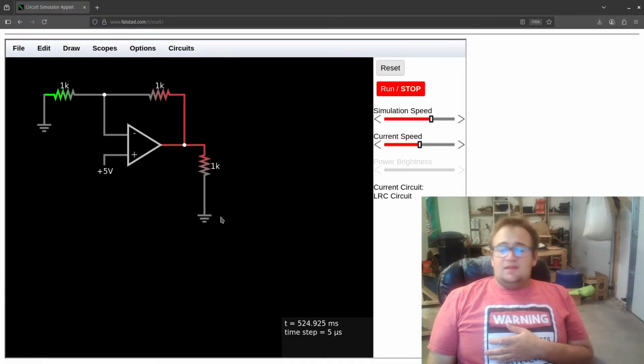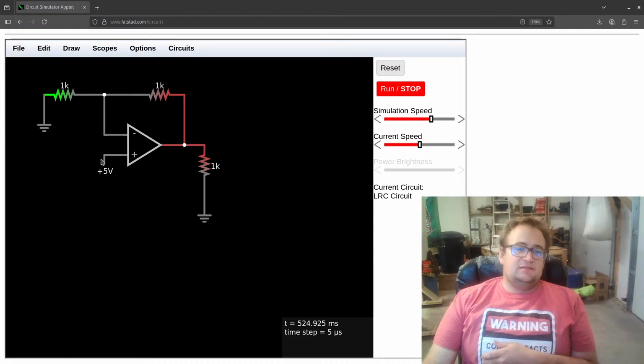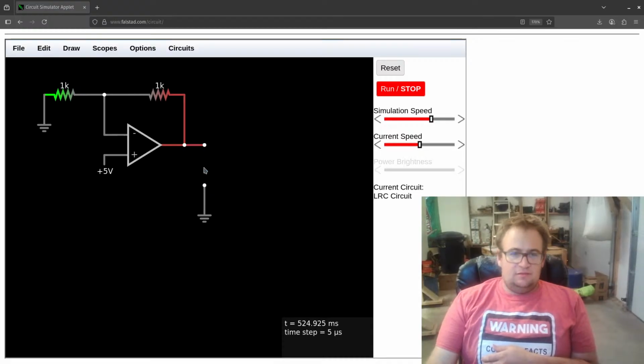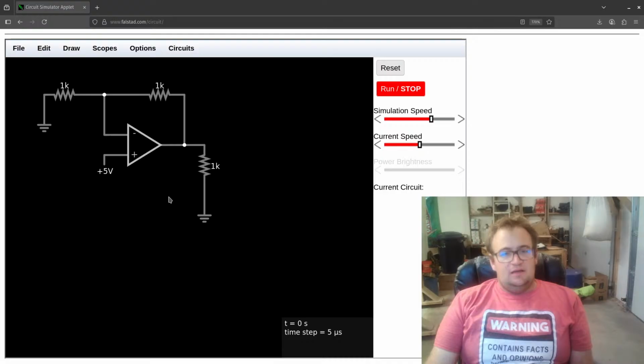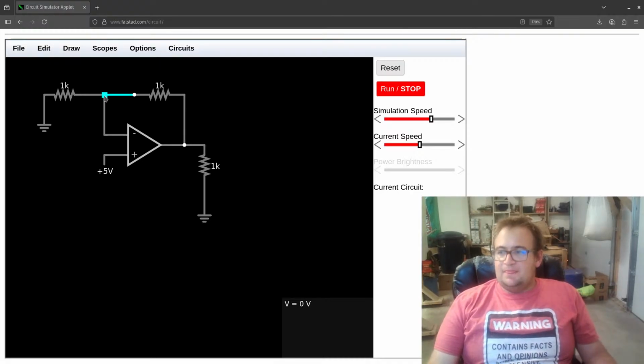So now we have a different situation. This is at 5 volts, right? That means this will be outputting whatever it can to get this up to 5 volts.